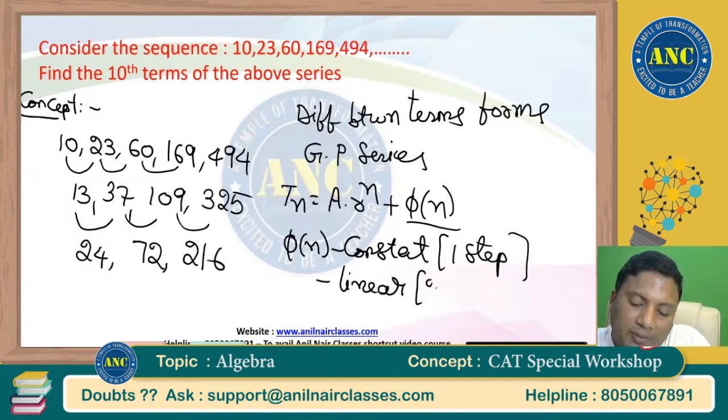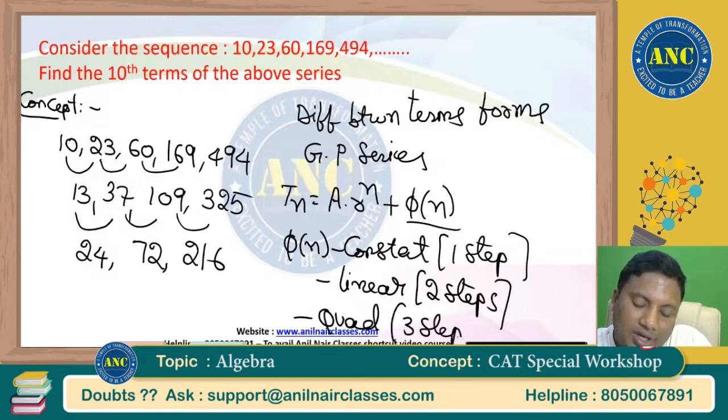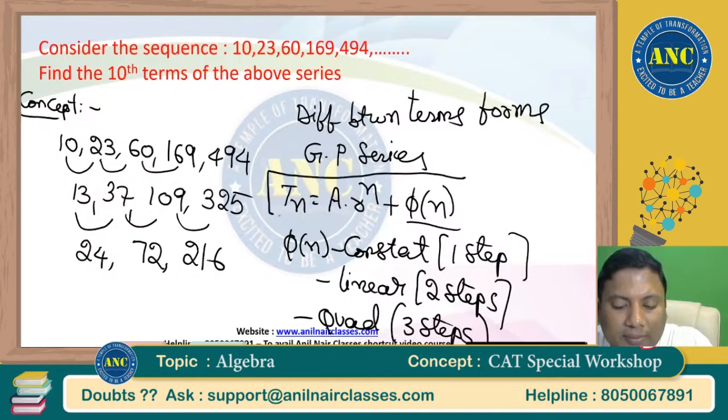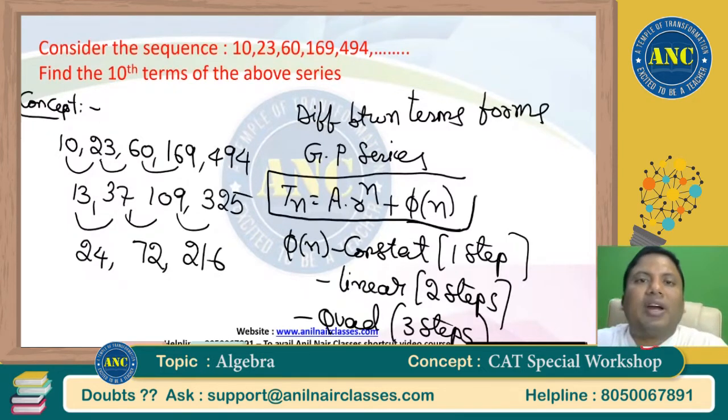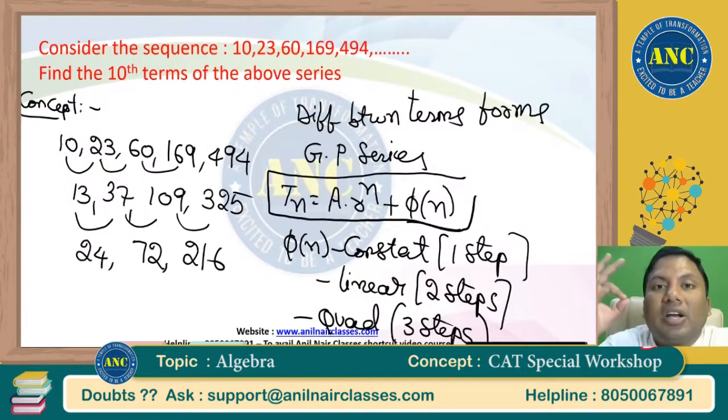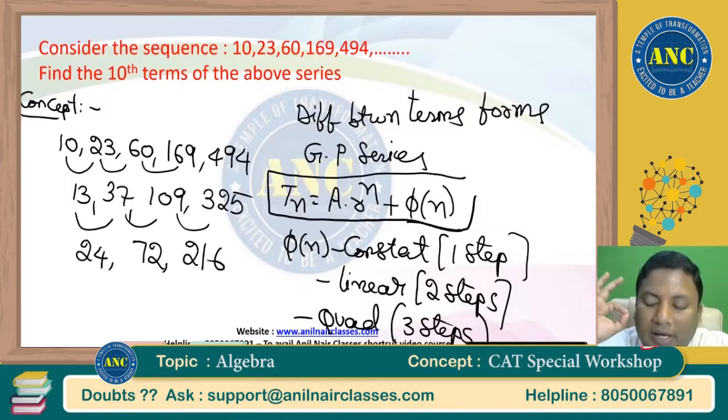If it forms a GP series in two steps, it is quadratic. If the difference forms a GP series after 3 steps, Tn is still A into R power n plus phi of n. Phi of n is constant if the difference is constant in one step, linear if in 2 steps, quadratic if in 3 steps.